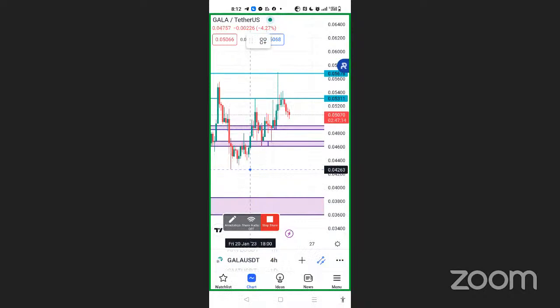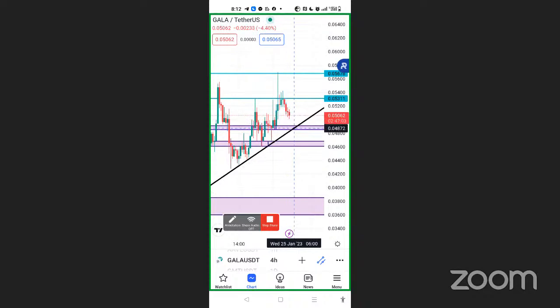Make sure you touch the extreme points, at least 2 touches. Then you stretch it to the highest point where the market went.